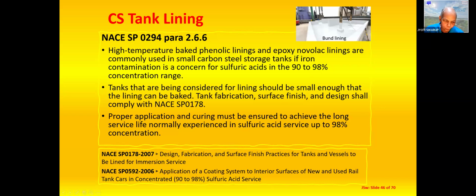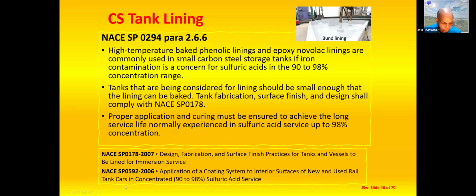But this option is also available. Proper application and curing must be ensured to achieve long service life, normally experienced in sulfuric acid service up to 98%. See, concentration is so important. What concentration you are designing for, and accordingly the material selection and design comes into the system.